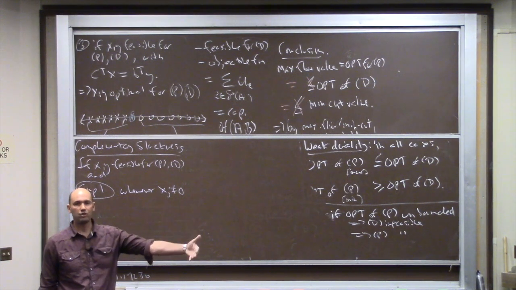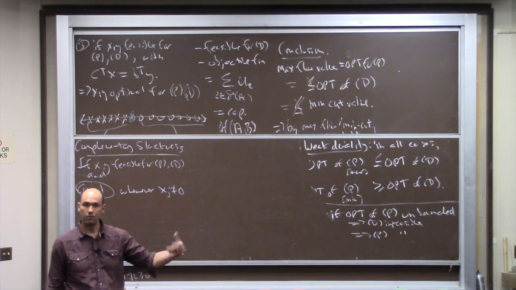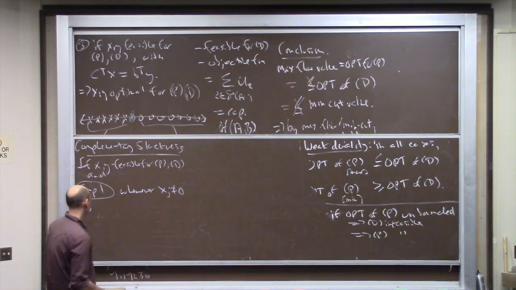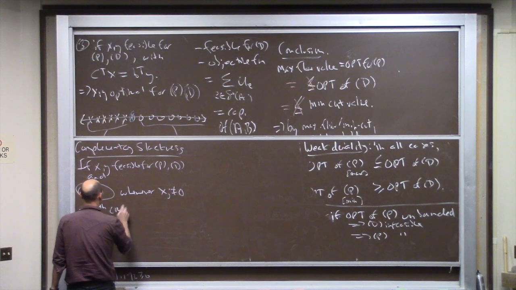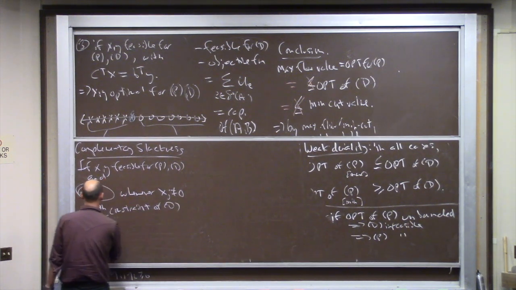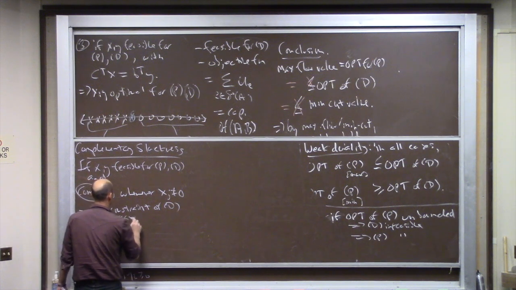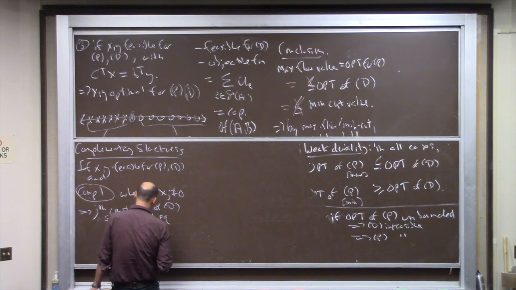Suppose that whenever xj is not 0, the jth constraint is tight. That is, it holds with equality. So the jth constraint of D is satisfied with equality.